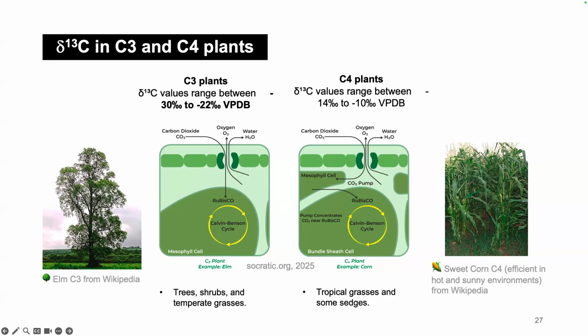In contrast, C4 plants, such as tropical grasses and some sedges, utilize the Hatch-Slack pathway, leading to delta 13C values ranging from negative 14 per mil to negative 10 per mil. A transition from C3 to C4 dominance often reflects increasing aridity and temperature.